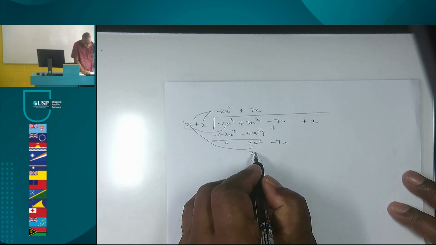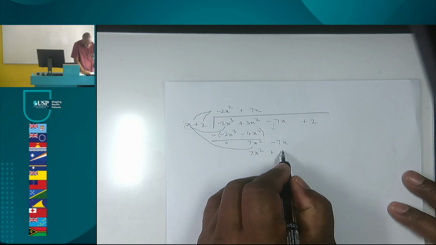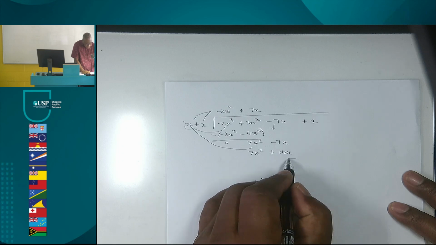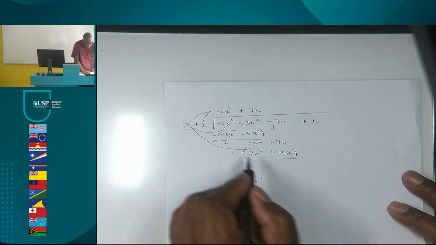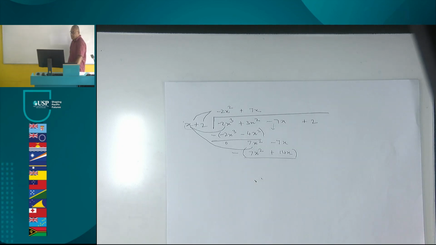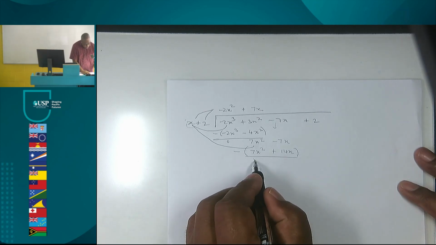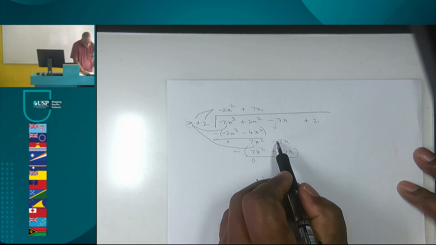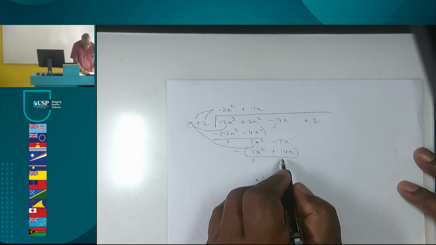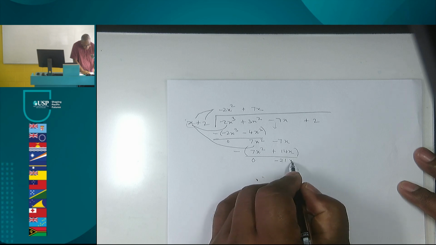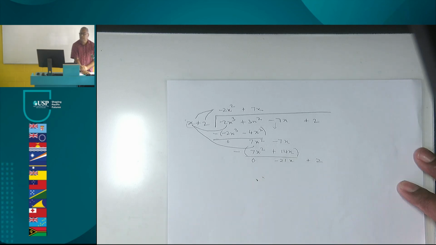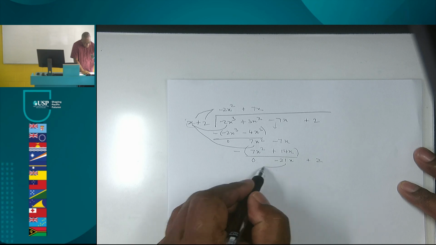That gives us, and we'll subtract. What do we get? 7x squared minus 7x squared, minus 7x minus 14x. Divide.